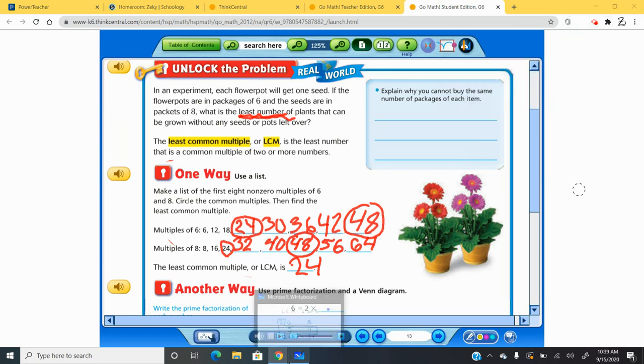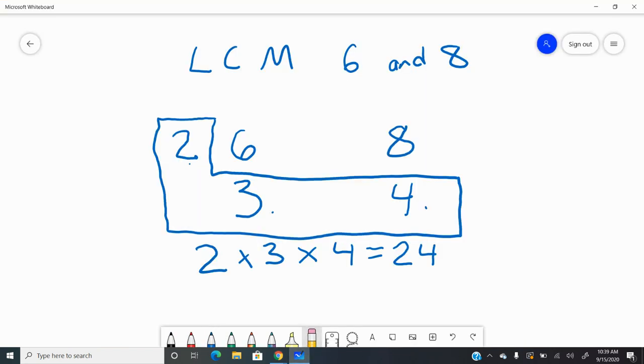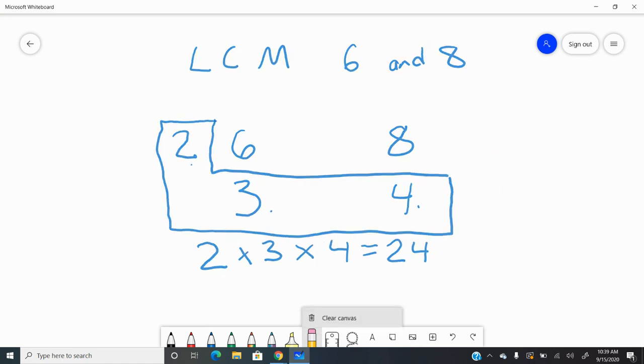Number 1 on page 14 says list the 6 non-zero multiples of 6 and 9. Circle the common multiples, then find the LCM.